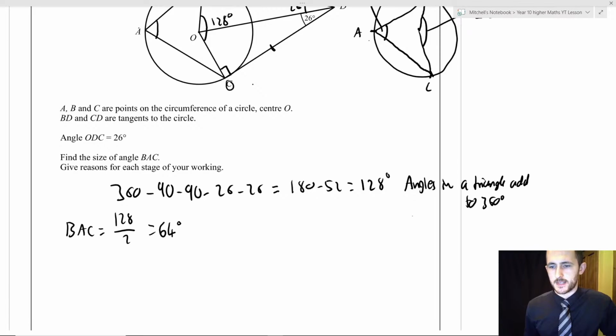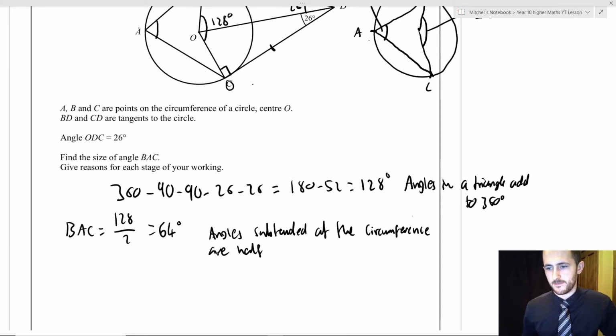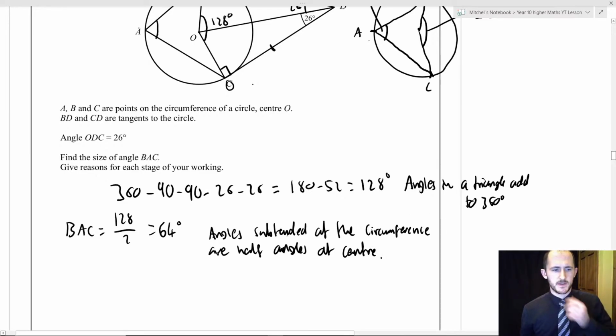And for the last part, you would just say angles subtended at the circumference are half angles at the center. So you have to write it in full, but I am getting a bit lazy, so I'm writing a bit like a caveman. But I hope you get the idea. Generally speaking, there's only one circle theorem question anyway, so you won't ever have to really write this a bunch of times. Okay. So write it in full. I've written it a bit shorthand because I'm being lazy.